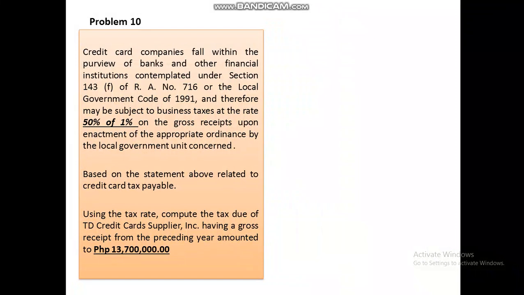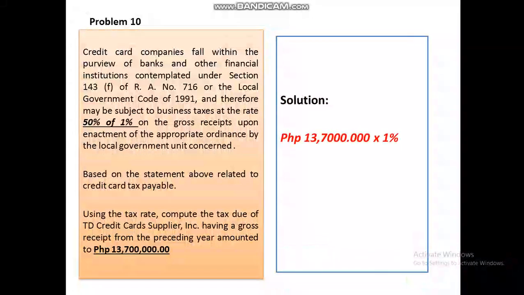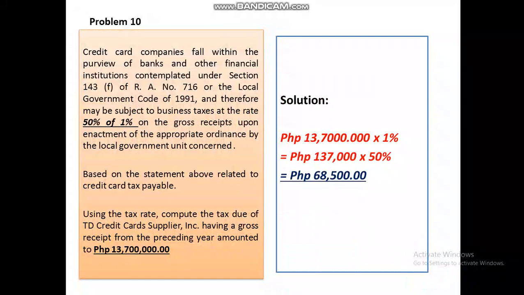Using the tax rate above, compute the tax due TD credit card supplier incorporated having a gross receipt from the preceding year of 13,700,000. Simple. We will provide the 50% of 1%. So, 13,700,000 times 1% is 137,000 times 50% is 68,500. Yan po yung babayaran nilang tax for last year's gross income.